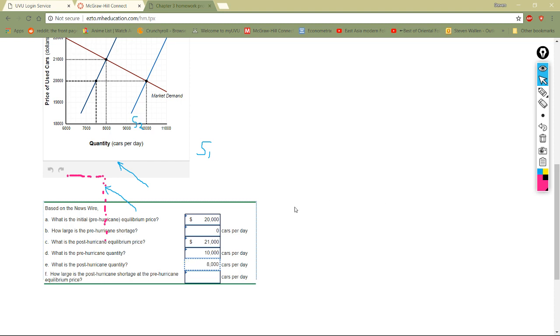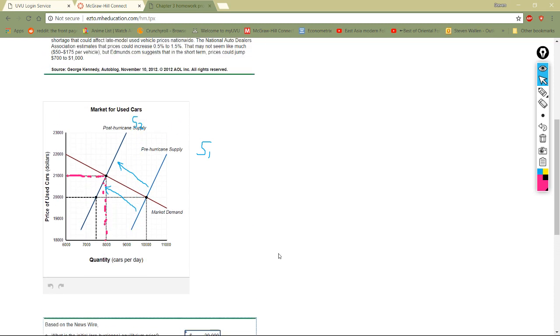All right. How large is the post-hurricane shortage at the pre-hurricane equilibrium price? So this is these questions. Like, if I'm sticking with the same prices we had before, but now the market's changed, what's going to happen? So what we're going to do is we're going to apply this right here. We're going to use yellow this time. Okay. We're putting this in right here. Actually, it's hard to see yellow.